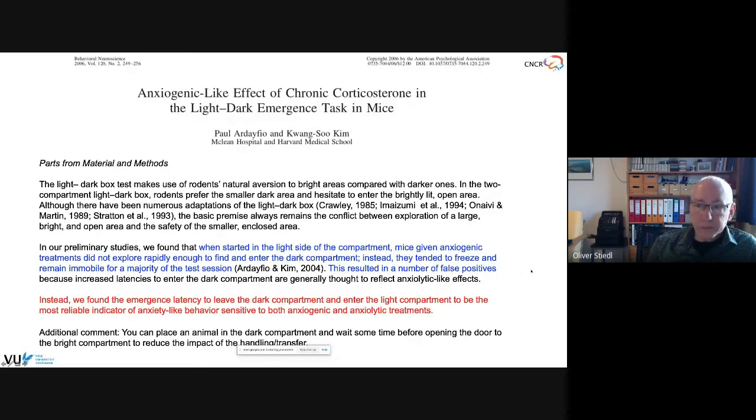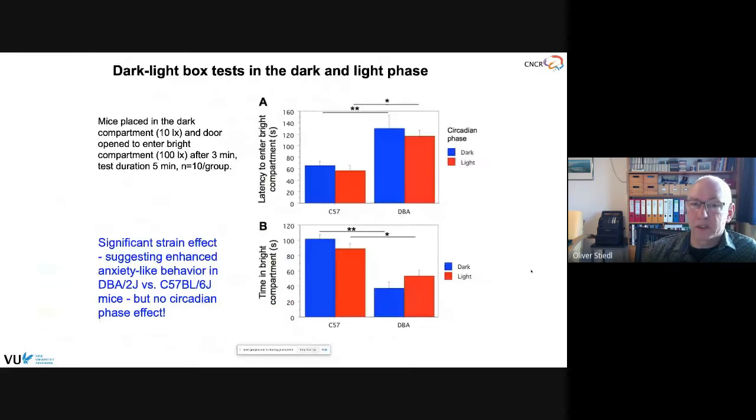And this reduces the number of false positives, because, as you know, stressed animals with added environmental stress have a cumulative tendency to reduce mobility, and then they will freeze even on the open arm. And this, of course, will lead to misleading results.